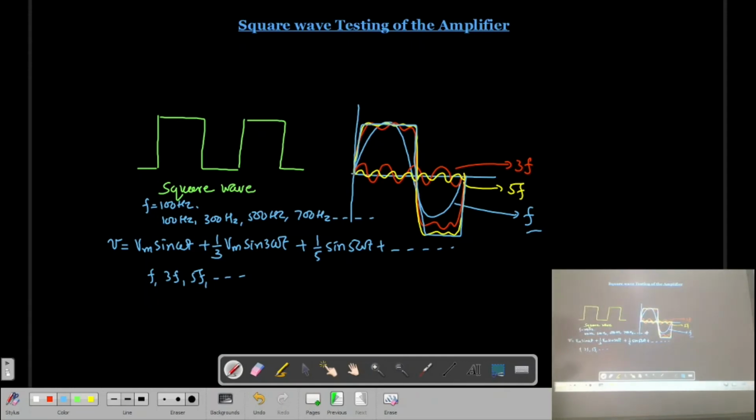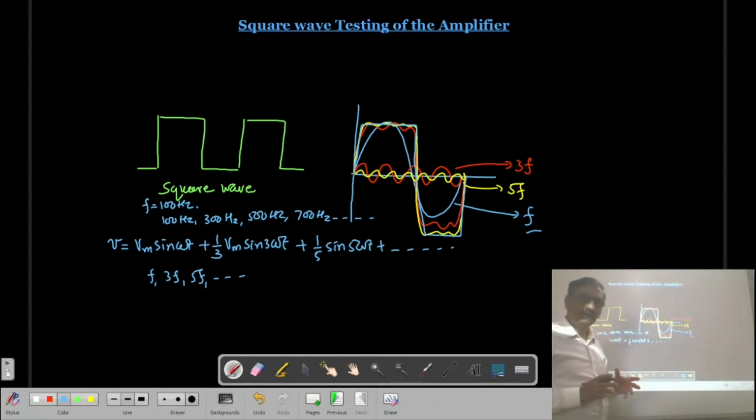So I don't have to apply 100, 300, 500, 700 separately. If I apply 100 Hz, all the frequencies are applied to the amplifier circuit. That's why the square wave, which consists of all the odd harmonics, is useful for testing the amplifier.